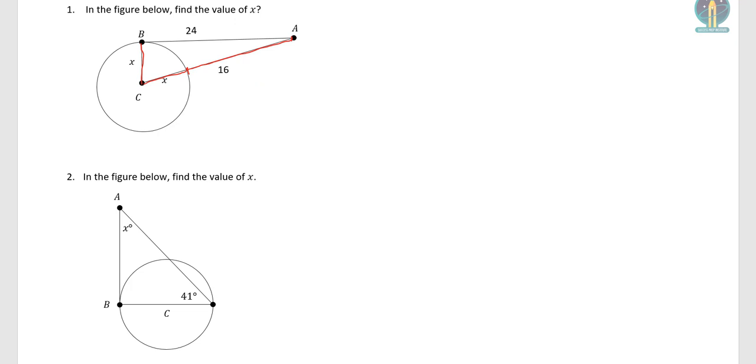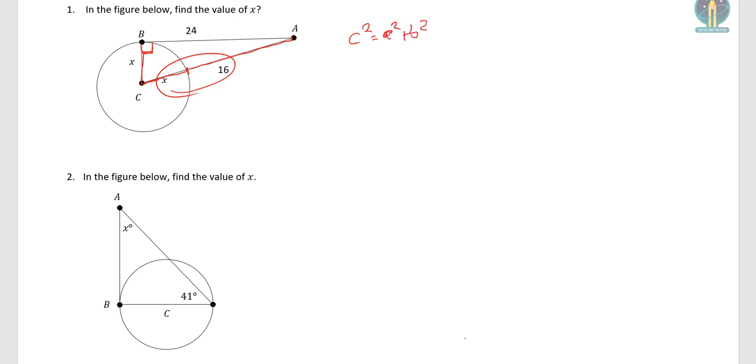Looking at the triangle, though, and again, since this is a tangent, and with this being a radius, we can assume that this is 90 degrees. Okay, if this is 90 degrees, then this is a right angle triangle, which has c squared equals a squared plus b squared.